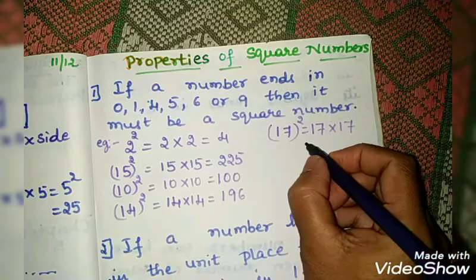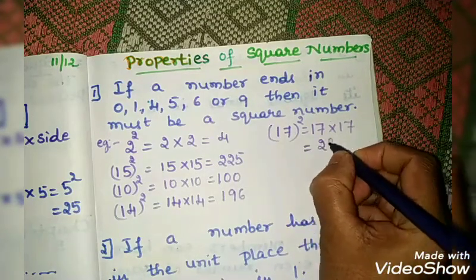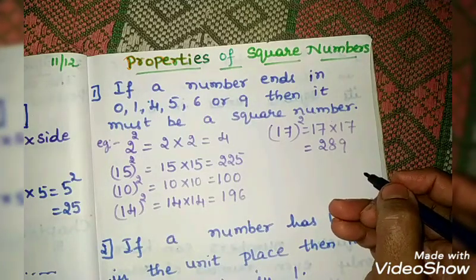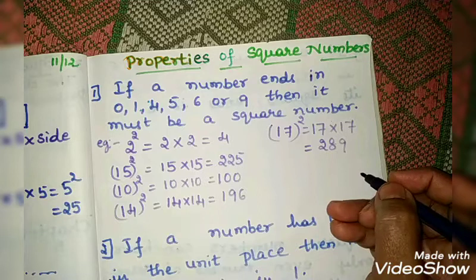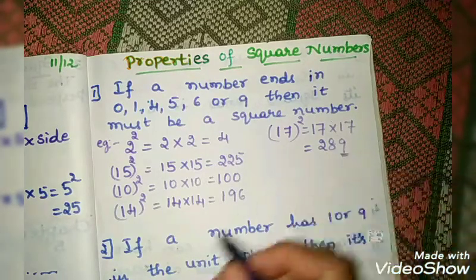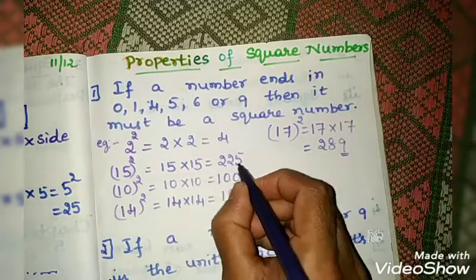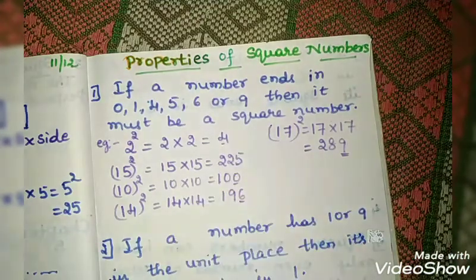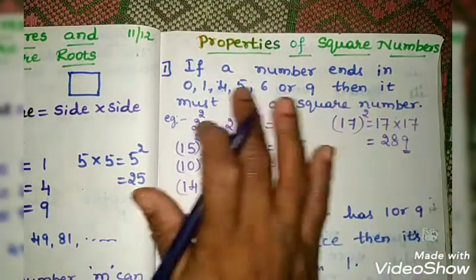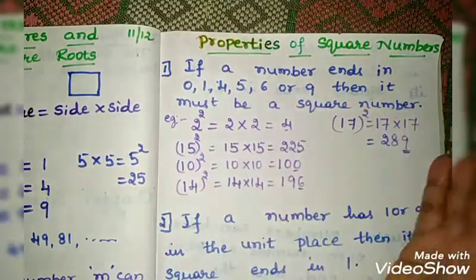Right? Yes. 17 into 17, it is 289. 17 17s are 289. So what we are getting here now? Ends with 9. Ends with 6, 0, 5, 4, like that. Now, do you agree with me? Yes. If a number ends in 0, 1, 4, 5, 6 or 9.